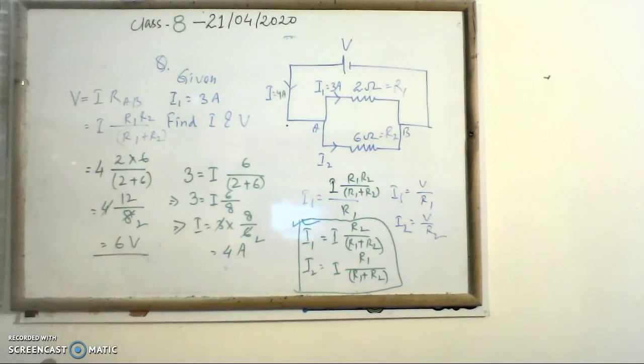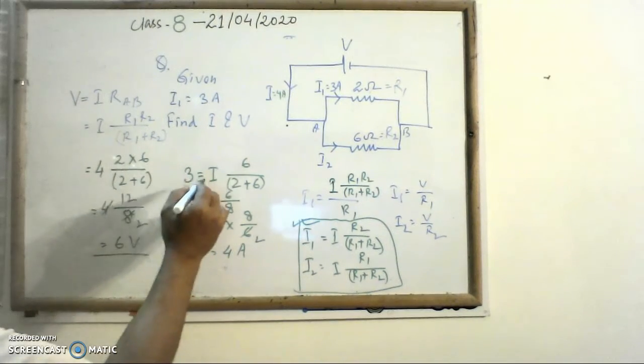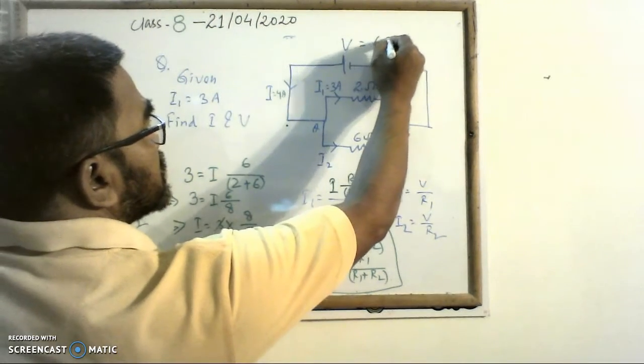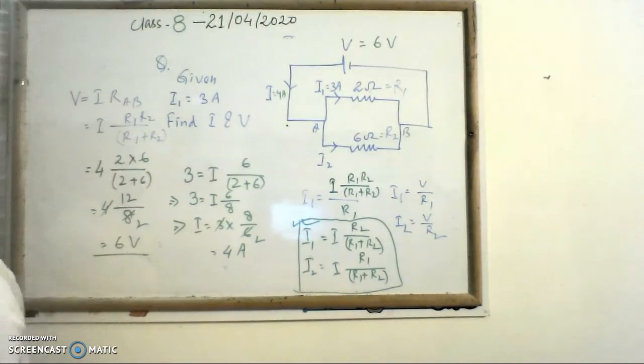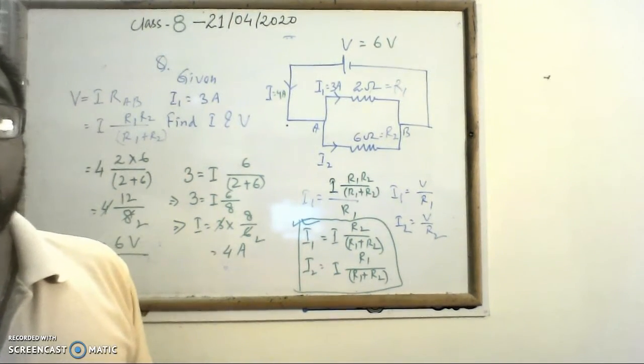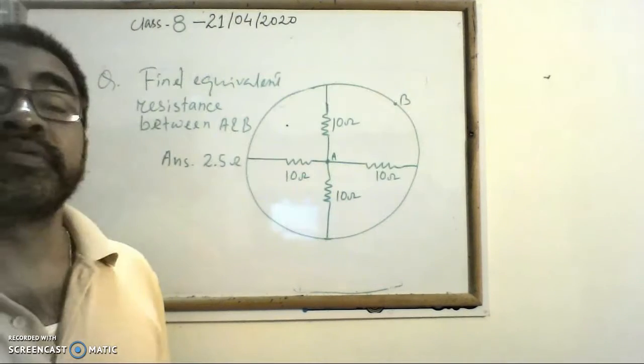So your answer is obtained as I is equal to 4 ampere, V is equal to 6 volt. Right? So this is the way to solve this type of problem.